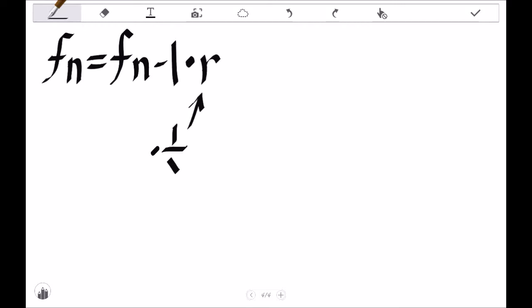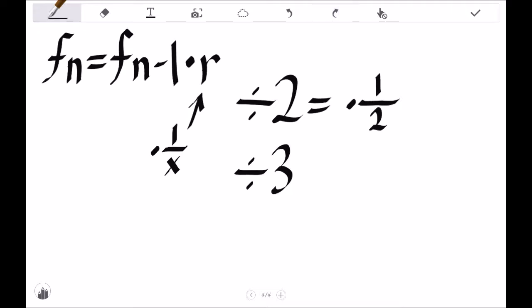This fraction will be in the form 1 over x, with x being the number that we are dividing by. For example, if your sequence divides by 2 between each number, then you will multiply by 1 over 2. And if your sequence divides by 3, then you will multiply by 1 over 3.